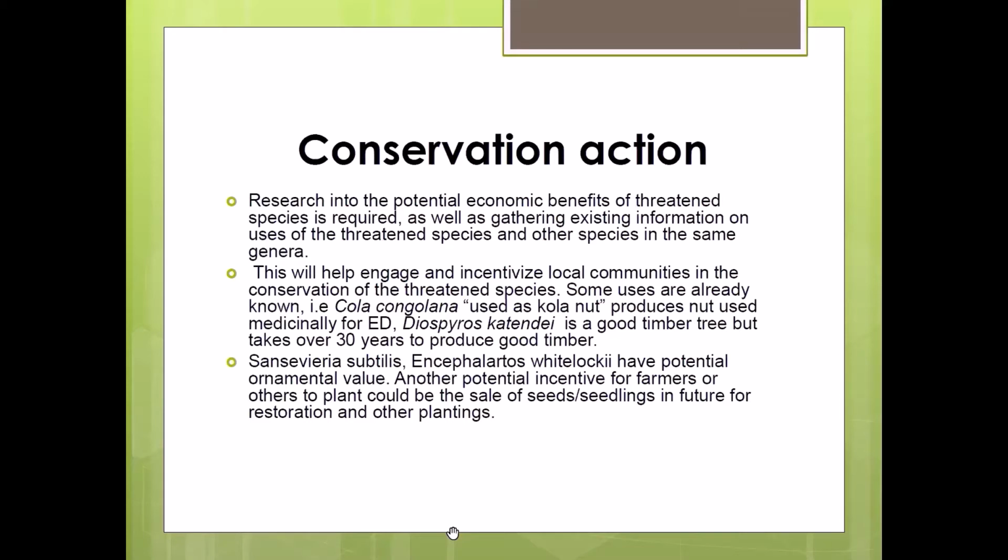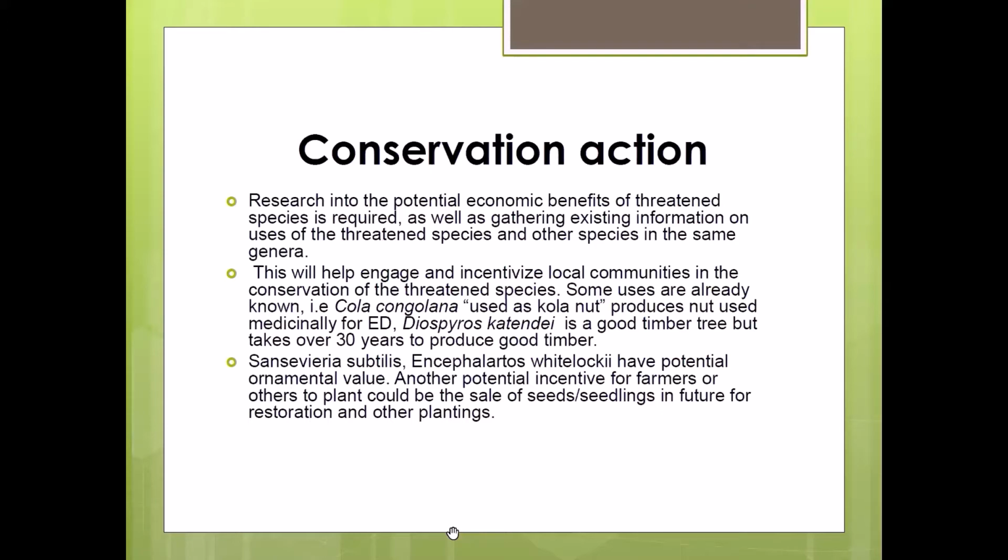For conservation action, research into the potential economic benefit of threatened species is required, as well as gathering existing information on uses of threatened species and other species in the same genera. This will help engage and incentivize local communities in the conservation of the threatened species. Some uses are already known.